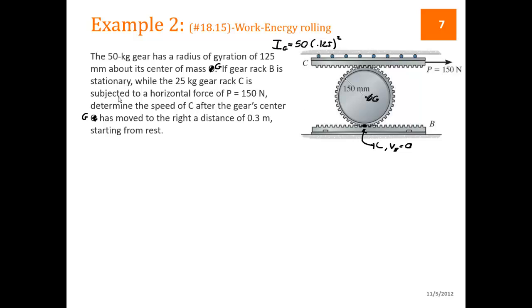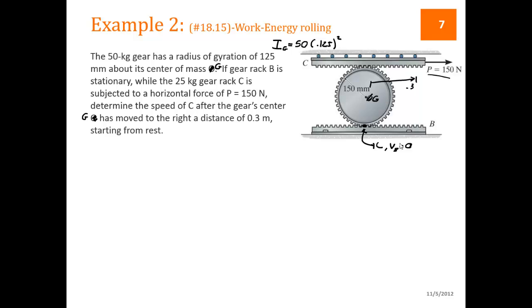Then we have a 25 kilogram rack at the top, the C rack, which is moving because it's being pulled by a force of 150 newtons. We want to figure out the speed of this rack after the center of the gear has moved 3.3 meters.